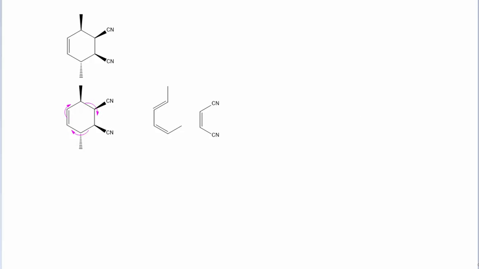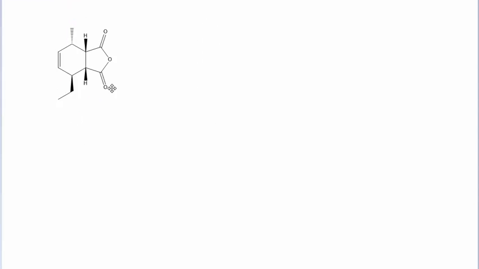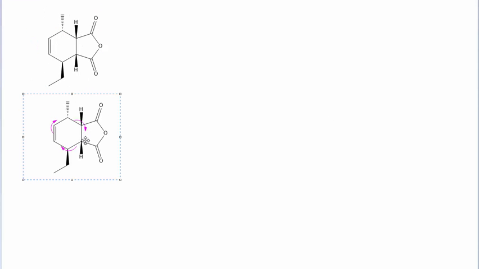Okay, so now try giving me the reactants that form this Diels-Alder product. Okay, so the first step is again, start at this double bond and break everything up.